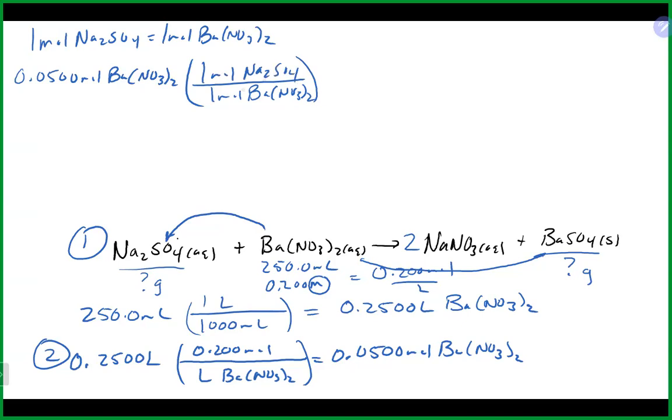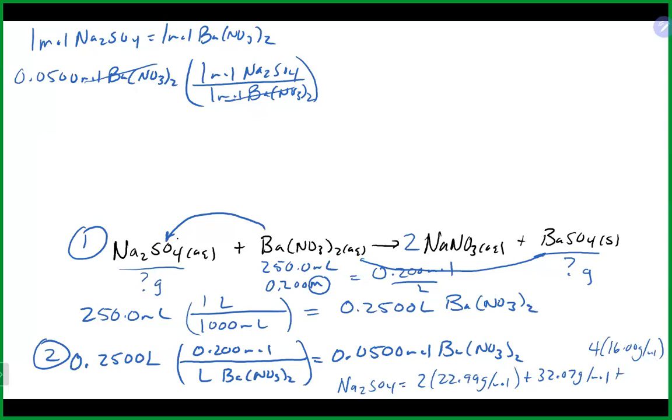At this point, I am in moles of sodium sulfate, which is close to what I want, but I want grams of it. So I need the molar mass from the periodic table. I'm going to calculate the molar mass of sodium sulfate. For sodium sulfate, I have 2 times 22.99, which is sodium's molar mass from the periodic table, 32.07, which is sulfur, and 4 times 16 for our oxygen.